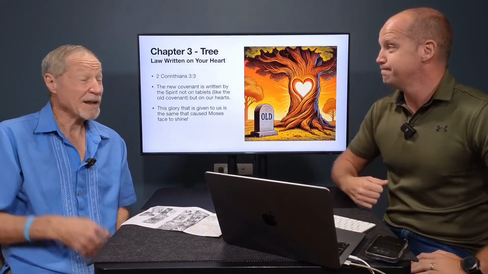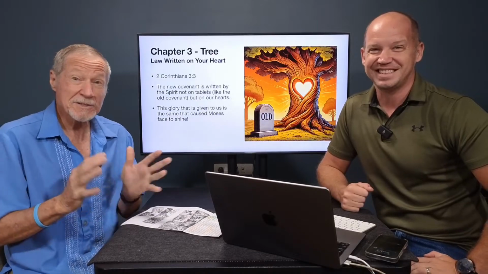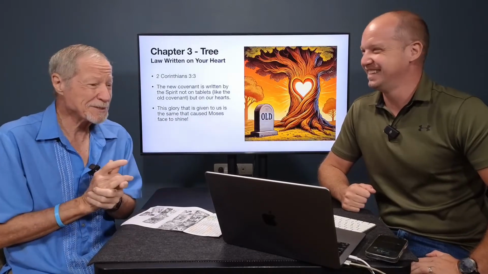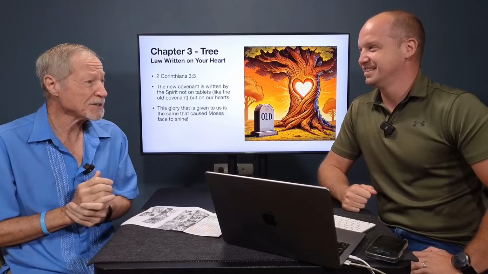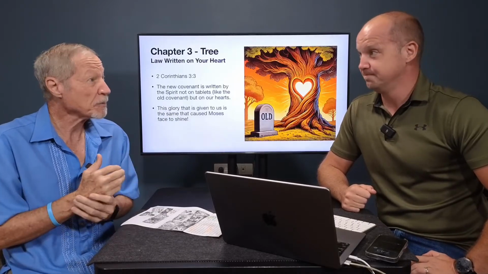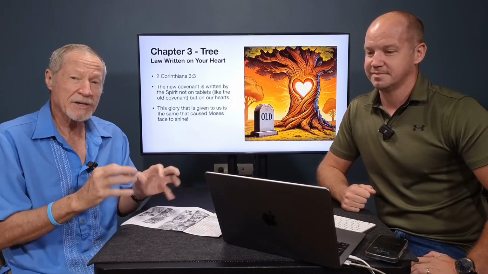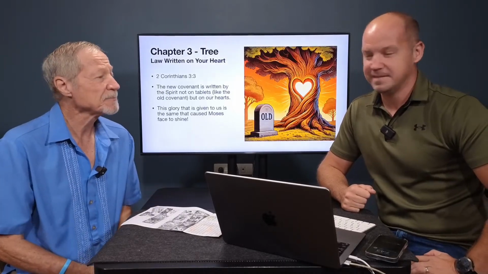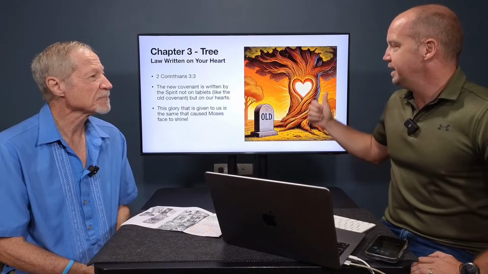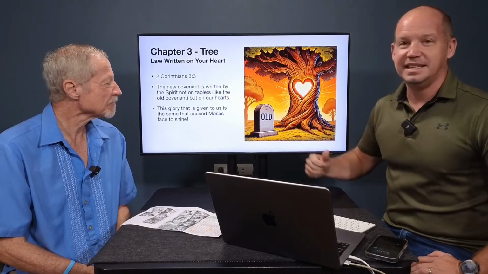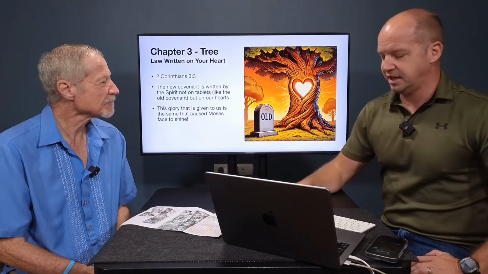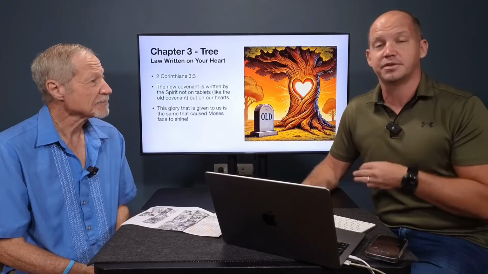So, yeah. And I'd like everyone to recognize this is the power of AI. I think this is something we're going to expand upon. Josh is working on actually a presentation that would help us be able to memorize better by using the power of AI. So we have chapter 3, tree. You can see the old covenant, and then we have the new covenant of our heart. So that is chapter 3.